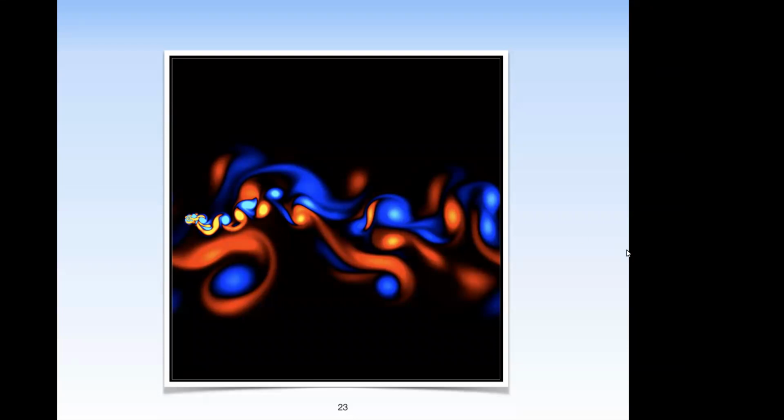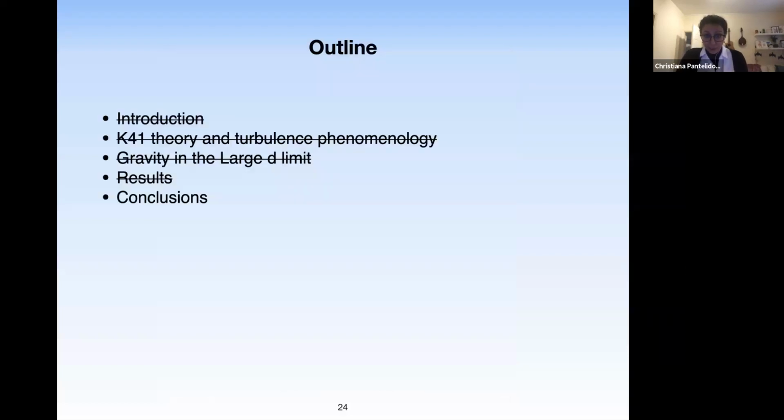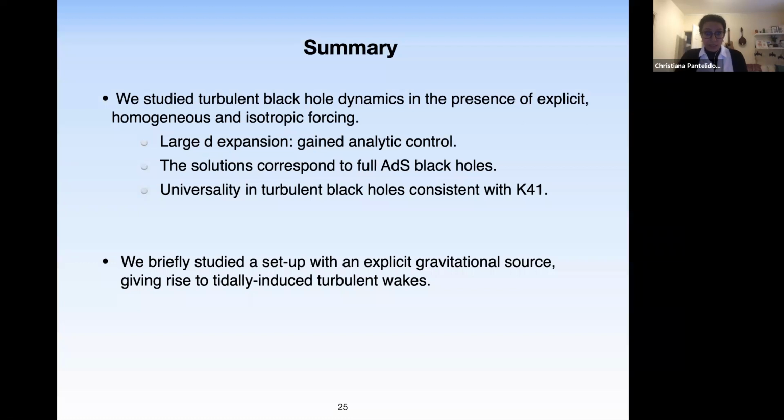Okay, so the punchline here is that we can see turbulence from a fully gravitational perspective. Okay, and with this, let me conclude. Essentially, summarize and conclude. So here we studied turbulent black holes with a homogeneous and isotropic forcing that we put by hand.